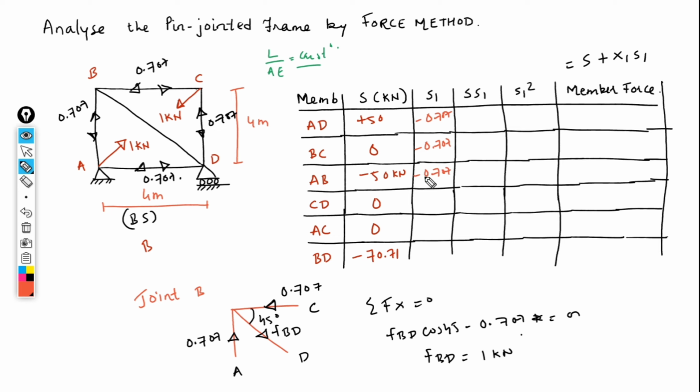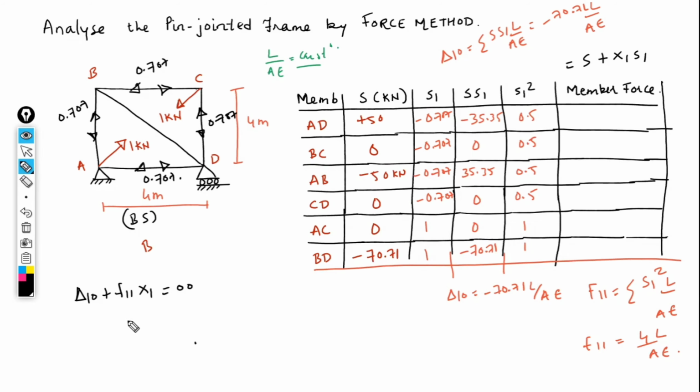For CD minus 0.707. For AC, we have applied the unit load, which is away from the joint. So here you will get 1 kilonewton, and we have calculated the member force in member BD. We got 1 kilonewton, which is again away from the joint, 1 kilonewton.